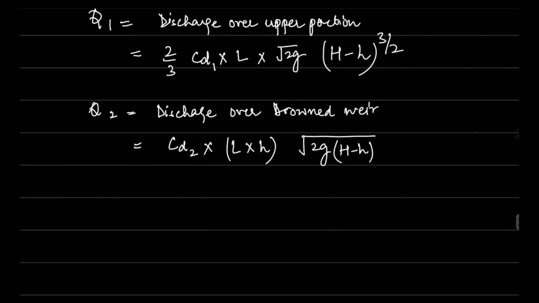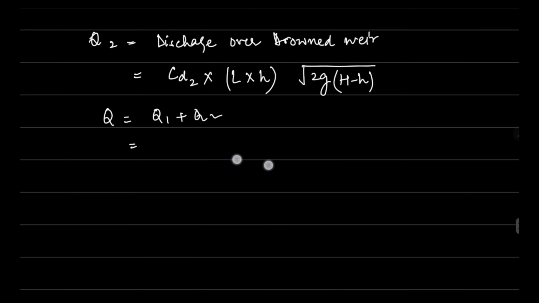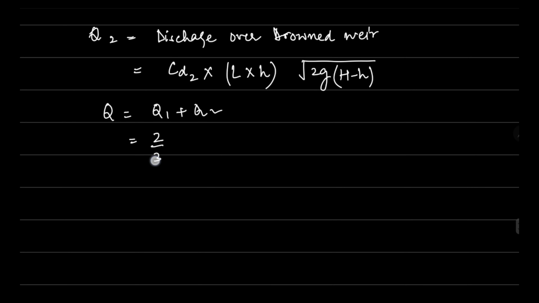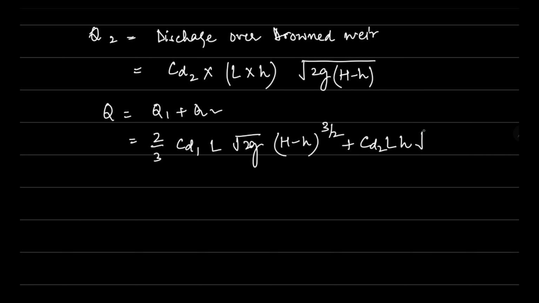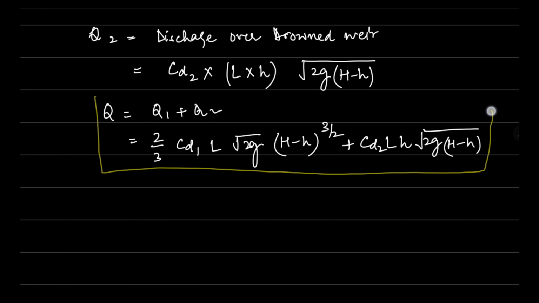So Q is equal to Q1 plus Q2, which becomes 2 by 3 CD1 multiplied by L multiplied by under root 2g multiplied by H minus h raised to the power 3 by 2, plus CD2 into L into h into under root 2g times H minus h. In order to get the discharge over a drowned weir, we need to use this equation.